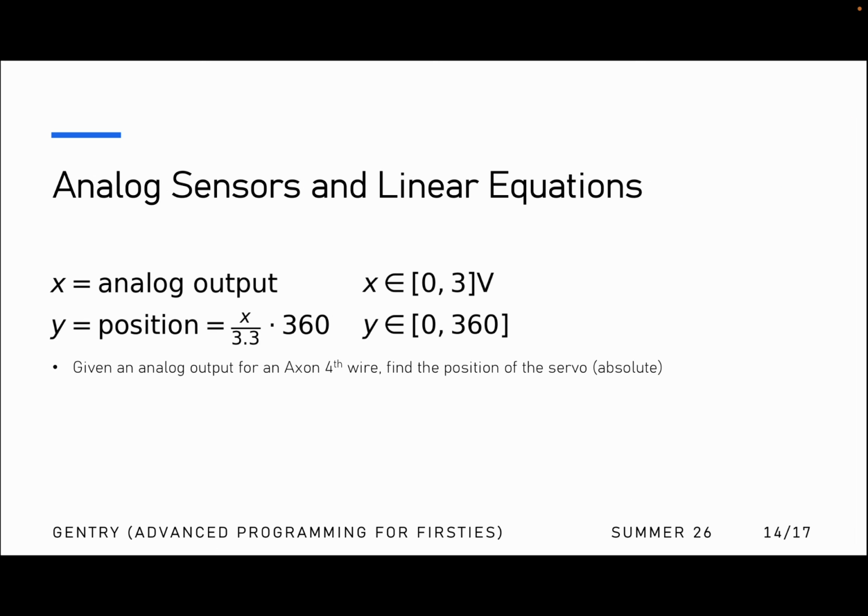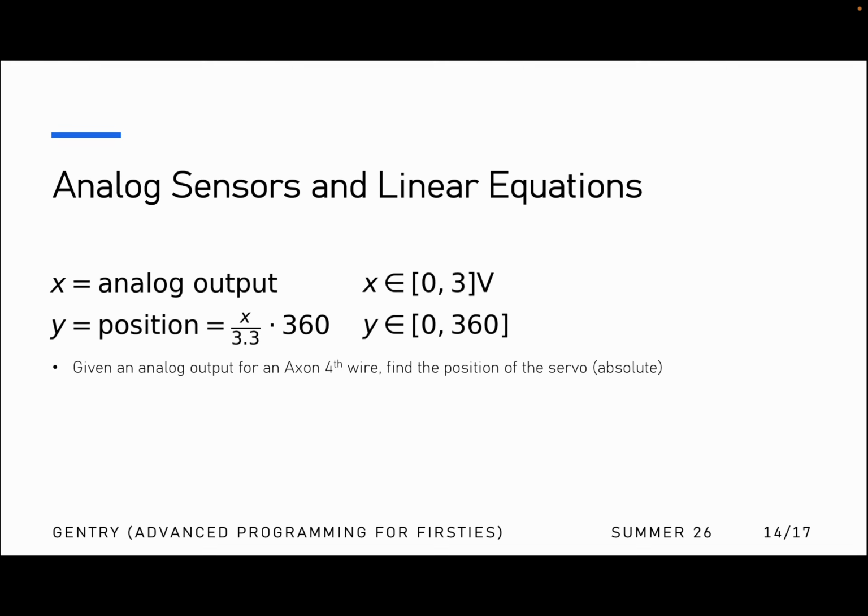So, for how analog sensors work, given an analog output from an Axon fourth wire, we can find the position of the servo, which is an absolute servo positioning. So their equation is we take our x, which is our analog output, and we say y is going to be our position around the axis, which is equal to x divided by 3.3, and then we multiply that by 360.